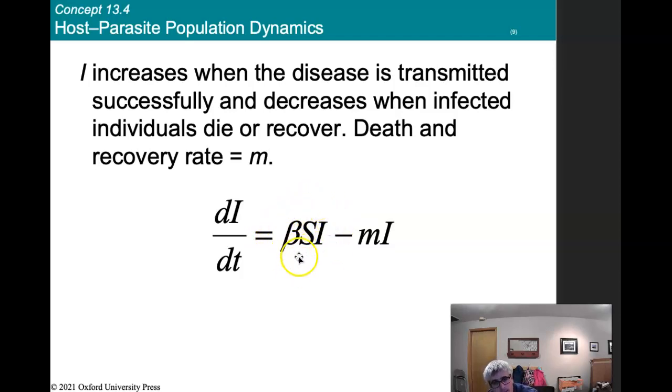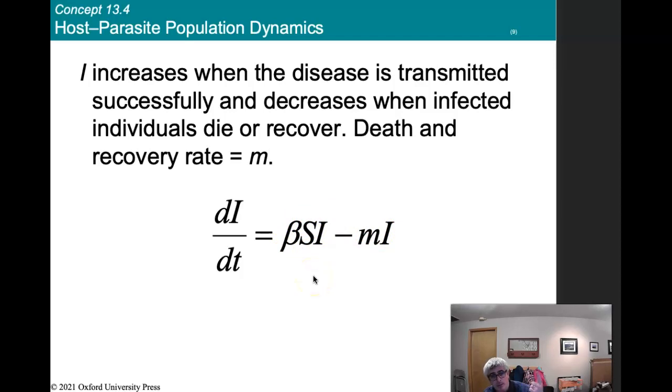This makes sense. But coming out of the population is the death and recovery rate times the number that are infected.